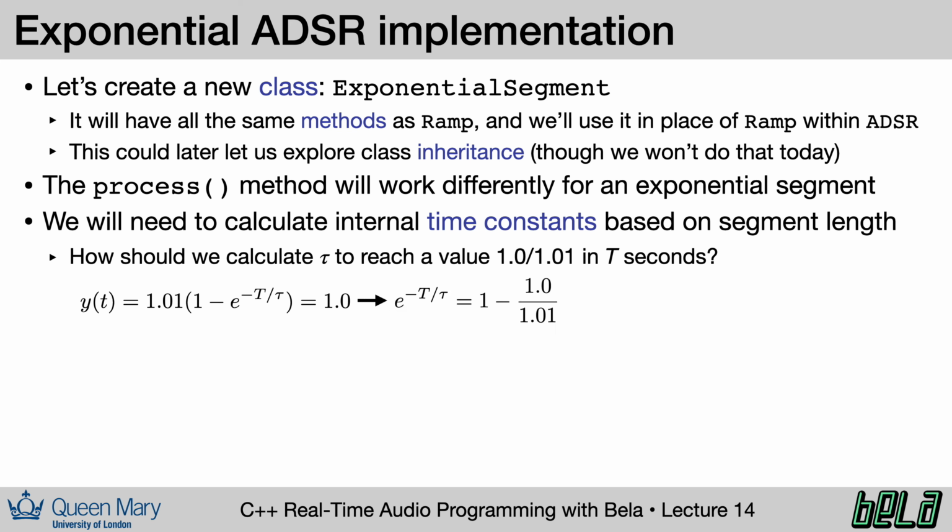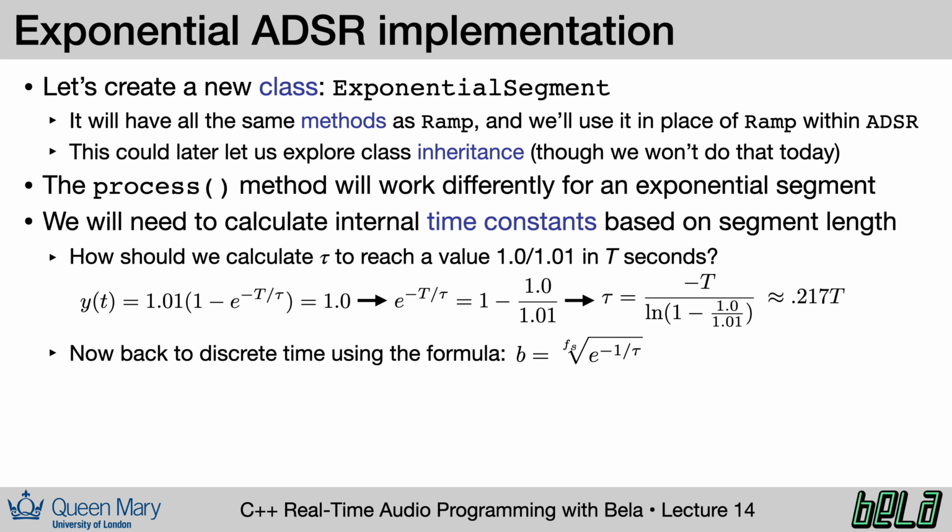Now we can rearrange the equation, and we can say that e to the minus T over tau should be 1 minus 1.0 divided by 1.01. Doing a bit of further algebra, we can come up with a value of tau as follows, which is calculated based on the segment length and the overshoot factor. With this particular set of values, that works out to tau is about equal to 0.22 times the length of the segment.